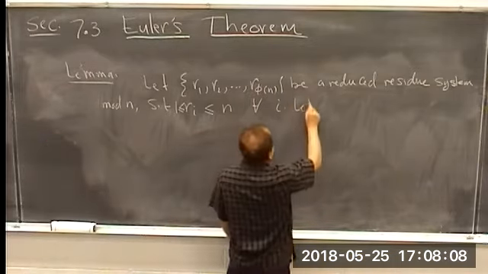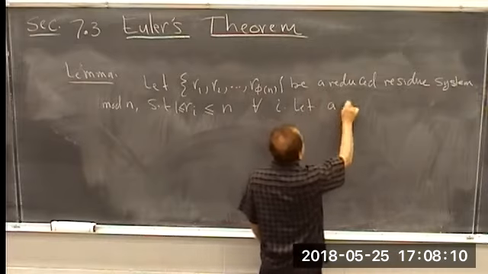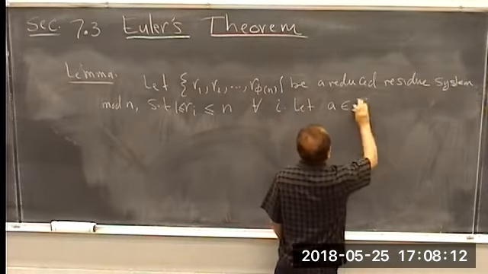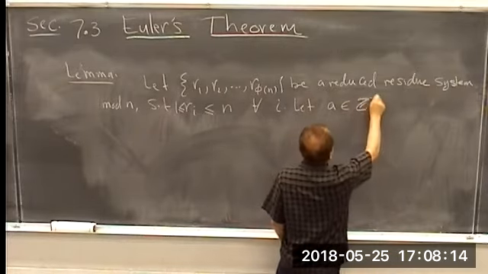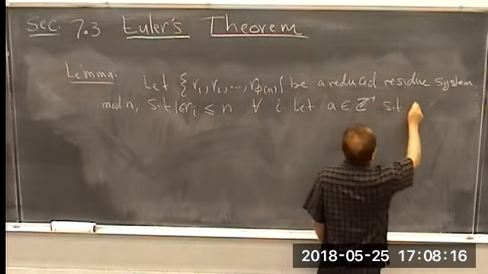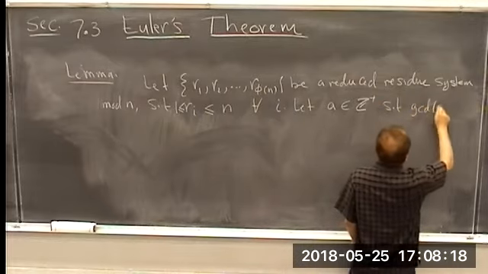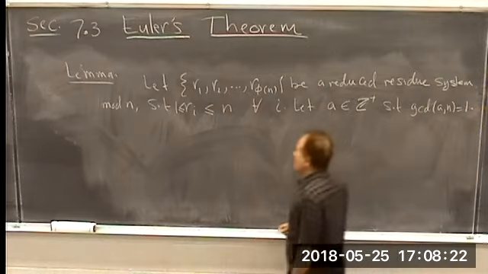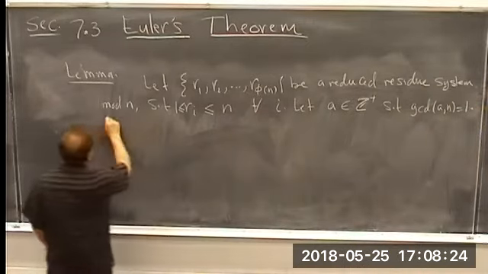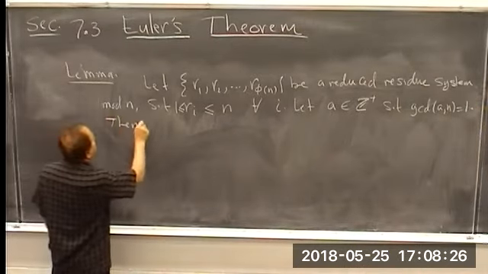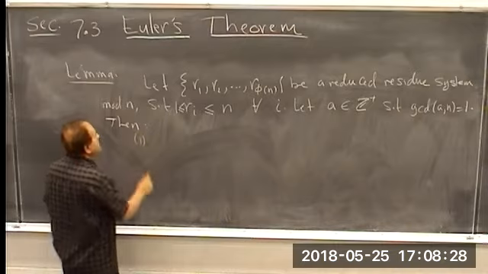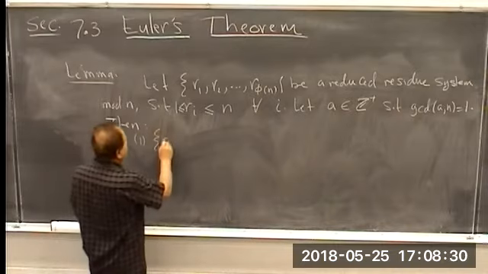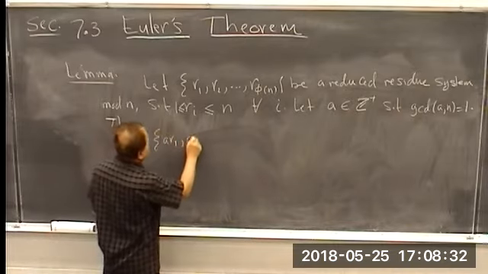Again, let a be an integer. Actually, I want to make it a positive integer such that the greatest common divisor of a and n is equal to 1. Then we have: 1, a R1, a R2.